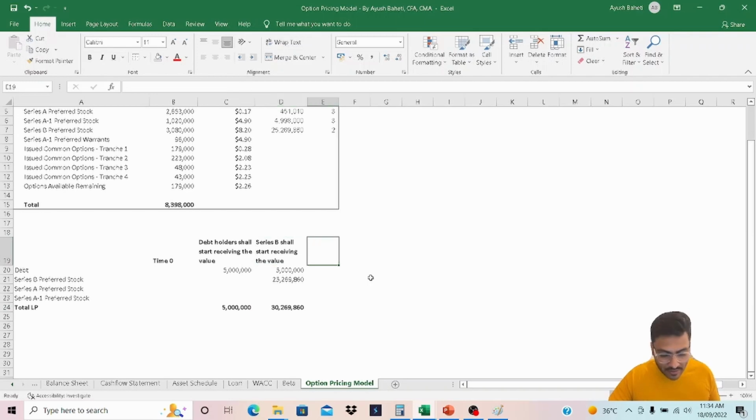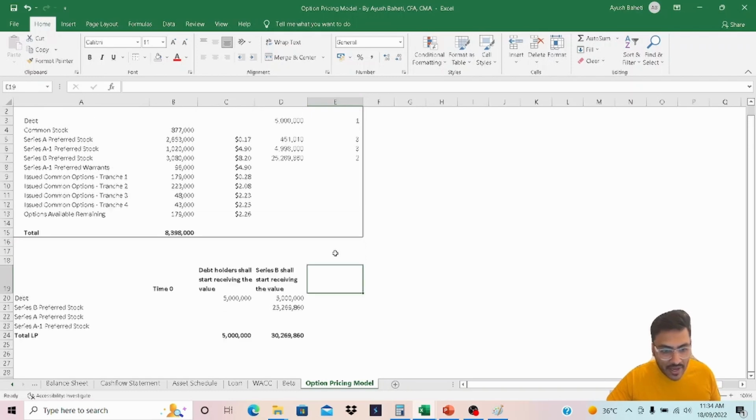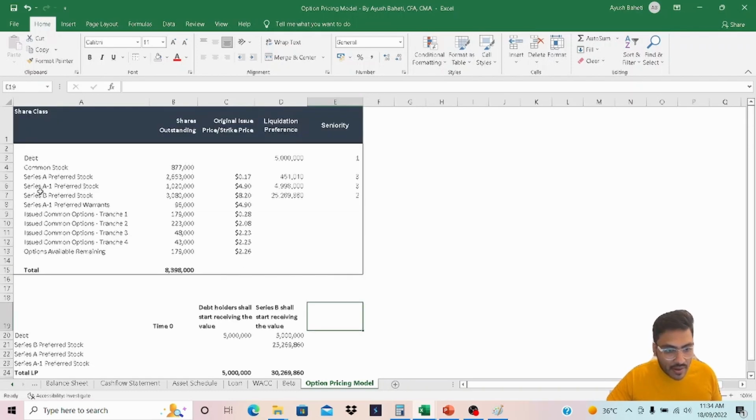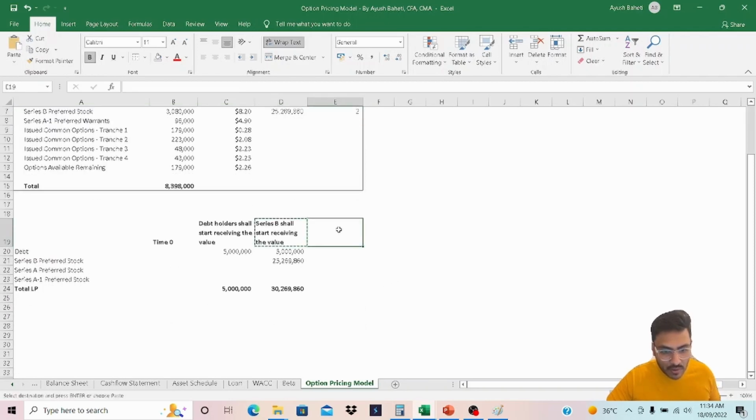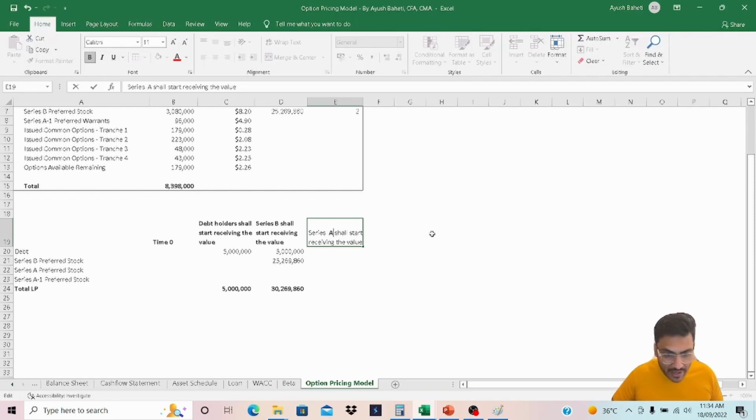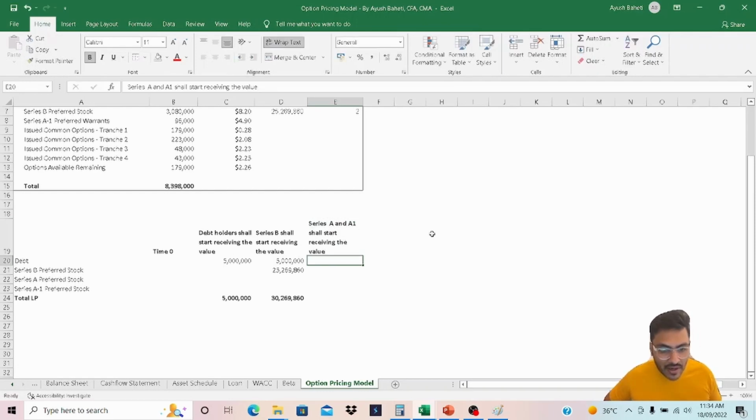Now, what is the third strike price? The third level of strike price is that after series B, series A will start receiving the value. So series A and A1 will start receiving the value.